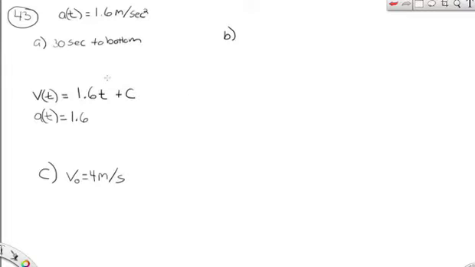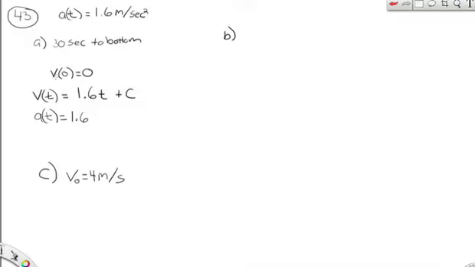We could just do this completely algebraically, and let's take a look at what it says. It says it's dropped into a crevice. So in order to answer any question about solving for a c, I have to know something about my velocity at a certain time. And so since they tell me it's dropped, I know that my velocity at 0 is 0.